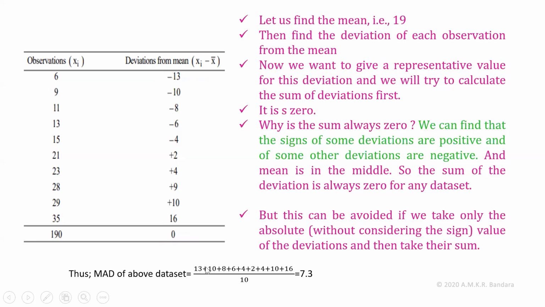Now, when we add, ignoring the sign, we will get a value. And when we divide it by the number of observations, 10, we will get 7.3. That is, the mean absolute deviation of this data set is 7.3. Here, not like in the range, each and every observation in the data set has contributed to this value.